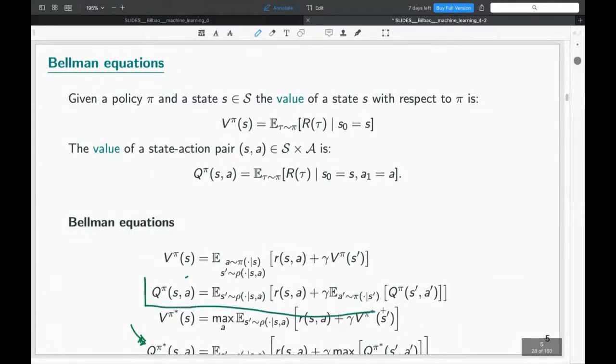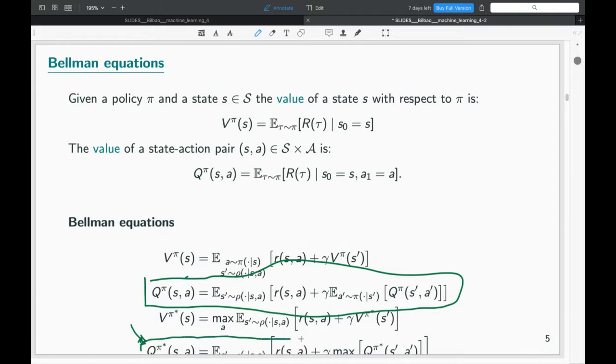So this is the Bellman equation for any policy, and this is the Bellman equation you obtain if you replace pi by pi star, the optimal one. So it's just this expectation, and in here, instead of an expectation, you have a maximum among actions.